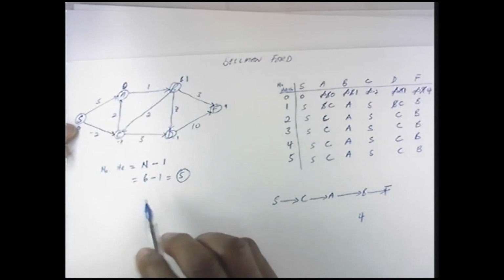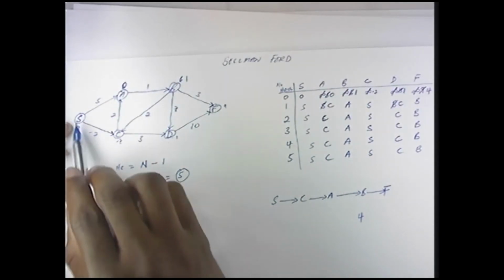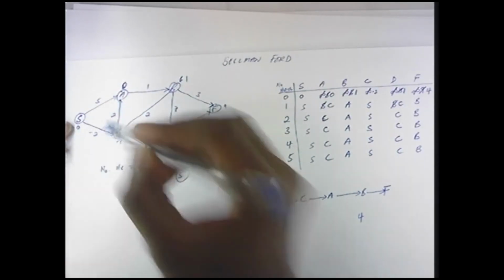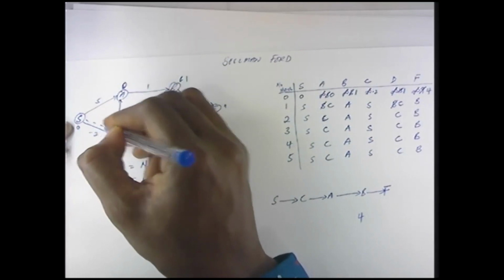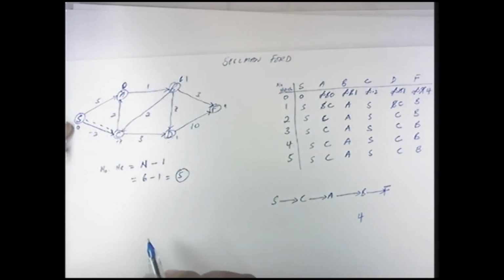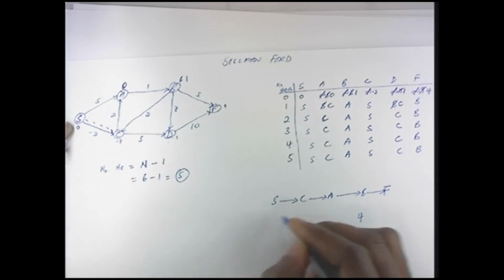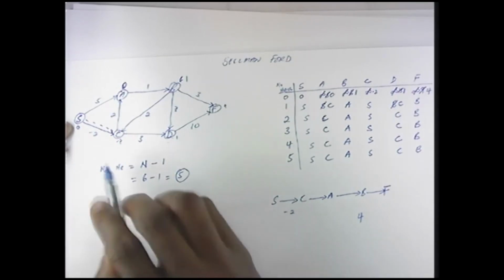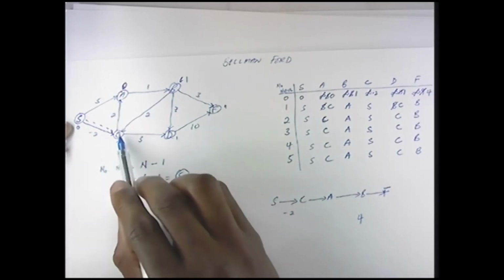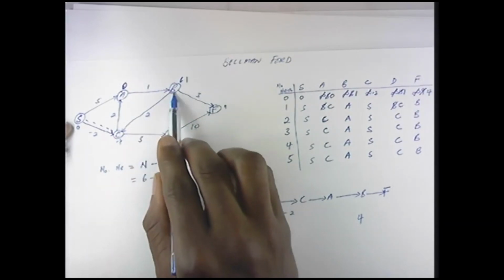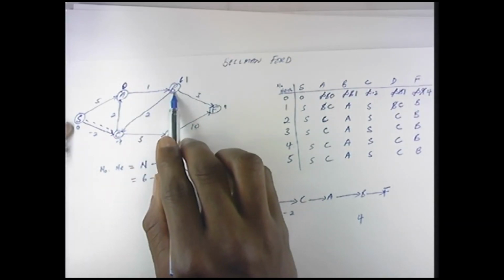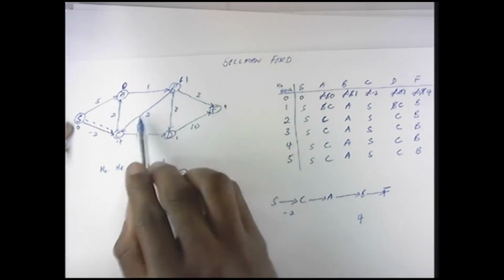Let's look at it. S to C, the cost is -2. So we have -2. Then C to A. Okay?